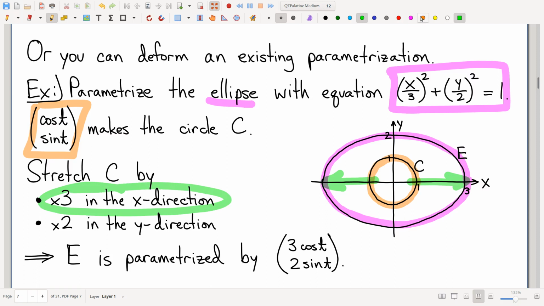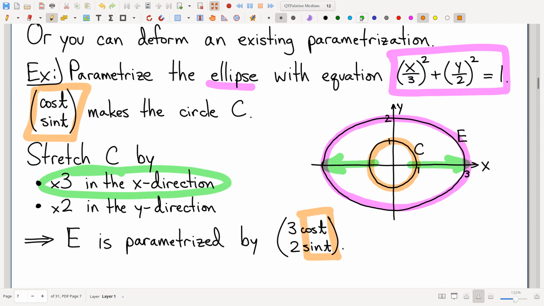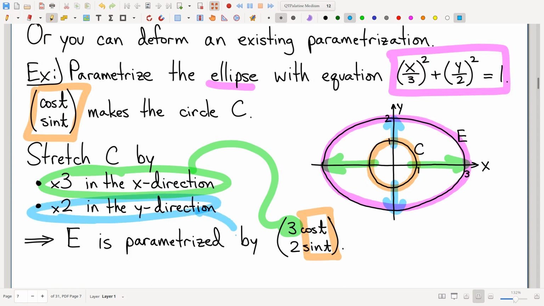The way I'm going to do that is by taking my existing parameterization and literally multiplying my x coordinates by 3. And that stretches as it's supposed to. Likewise, I need to stretch by a factor of 2 in the y direction. How do I do that? Well, multiply those y coordinates by 2. And there you go. This is a parameterization of our ellipse.